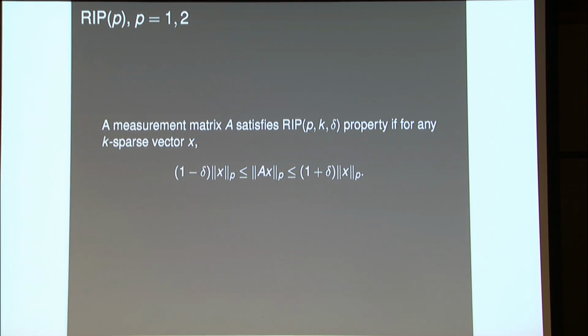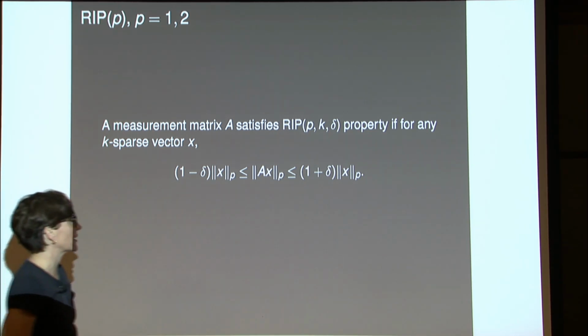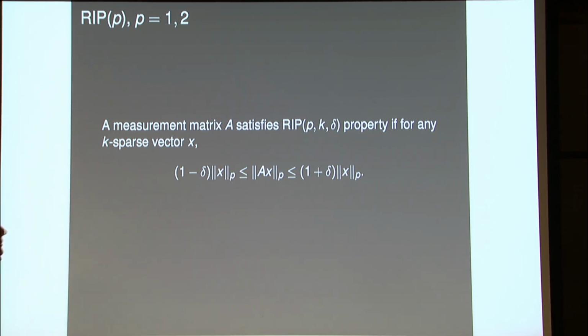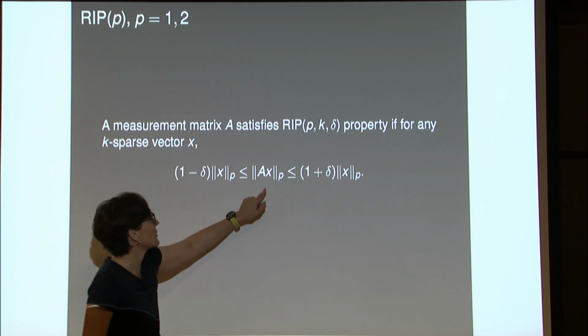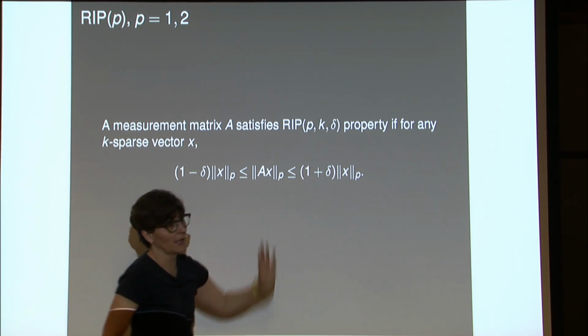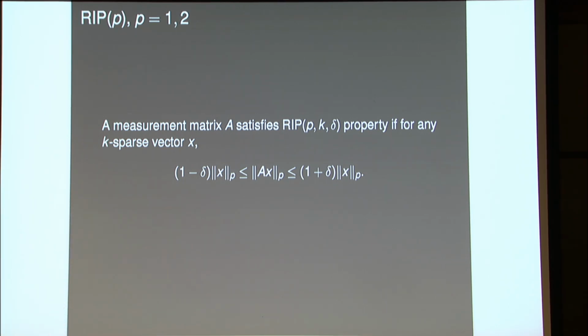Okay, it turns out one can replace 2 with a generic p, and in particular make p equal to 1, and ask whether or not a matrix is a near isometry in the L1 sense. So will a measurement matrix essentially preserve the L1 norm of any k-sparse vector? And you could call that RIP-1. You could stick in any p, call this RIP-p. Okay, but making p equal to 1 is useful.